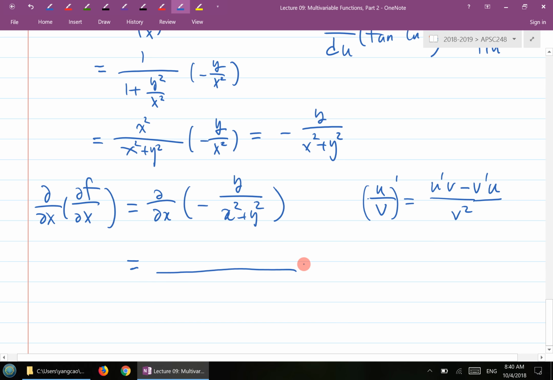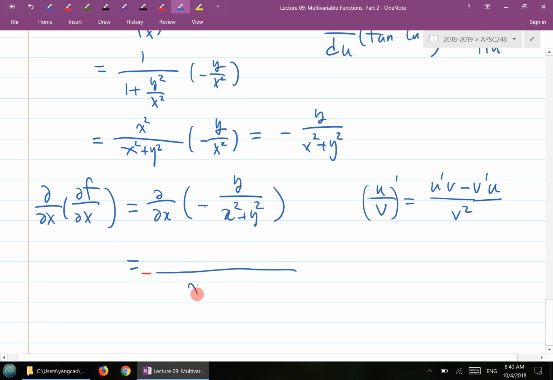So let's take a look at the application of the quotient rule. I got a negative here, and I'll leave the negative outside just for the simplification.